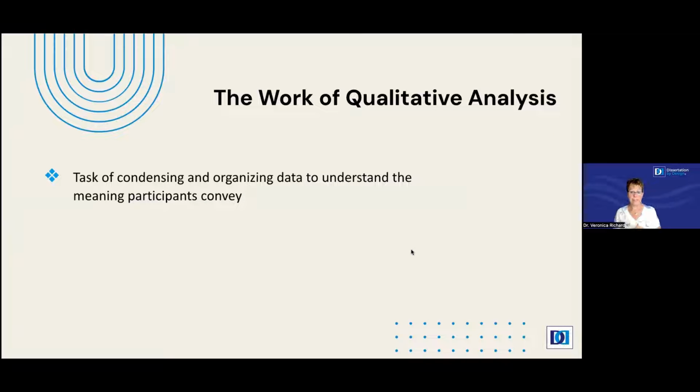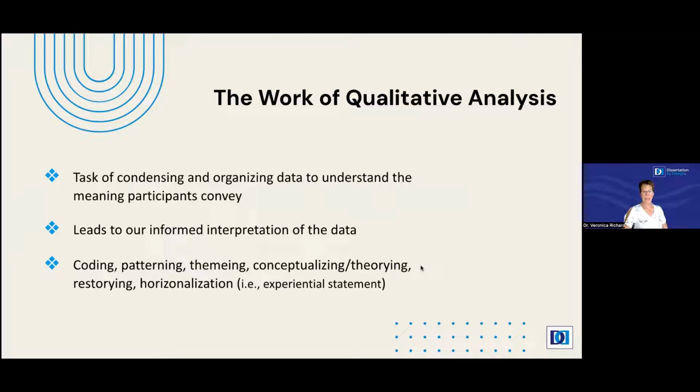So the task of condensing and organizing data is what we are doing. We then interpret the data. And through all this, these are some of the terms that are used: coding, patterning, theming, conceptualizing, theorizing, restoring, horizontalization.